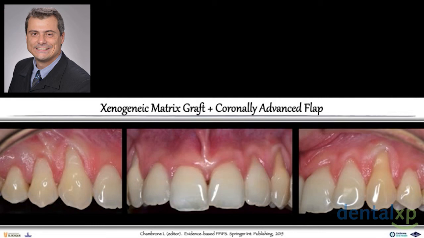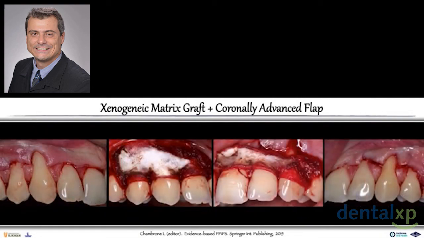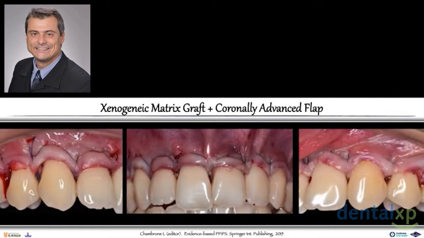This is a new material compared to the allogenic dermal matrix graft. It's an enamel matrix derivative, but it can also lead to very good aesthetic and functional results in the short term.